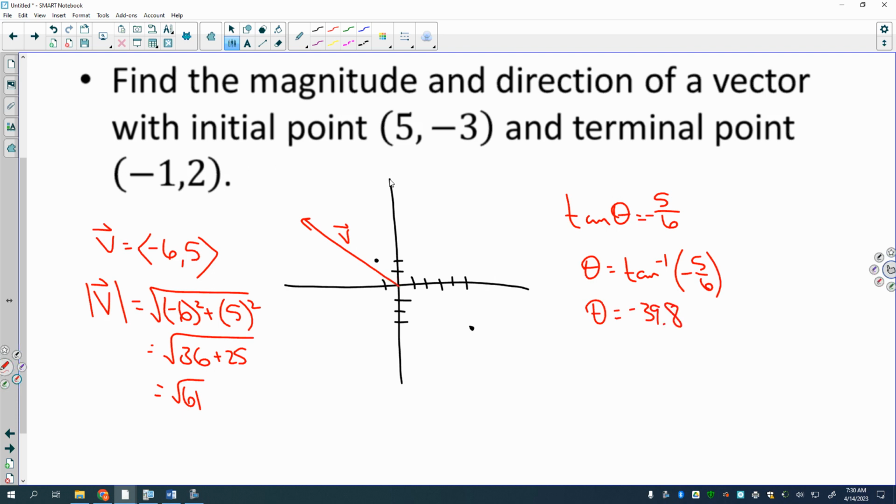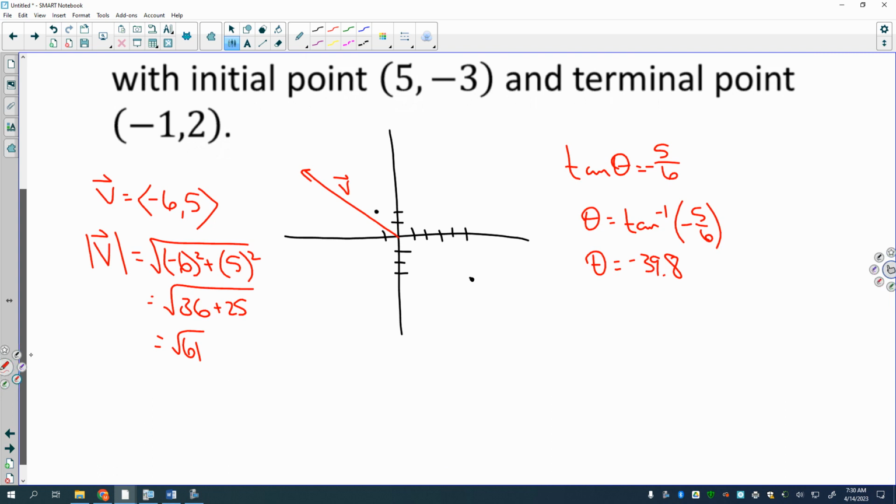But that is not the right angle. If you were to put down that this is square root of 61 at -39.8 degrees, I'd mark that wrong on a test or quiz, because that's not the angle this is at.